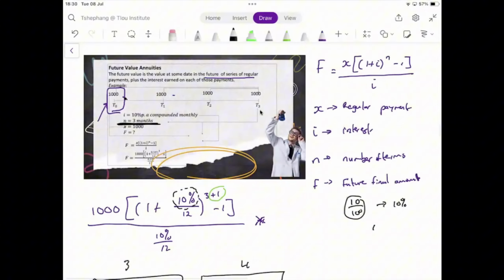Now, there's a question on the plus 1. Let's look at what's happening, right? We have what we call T0. This is immediately when you open the account. So it's an immediate payment. Because usually, whenever you open something, or when you take out a loan, you always expect to pay when? To pay at the end of that particular month.